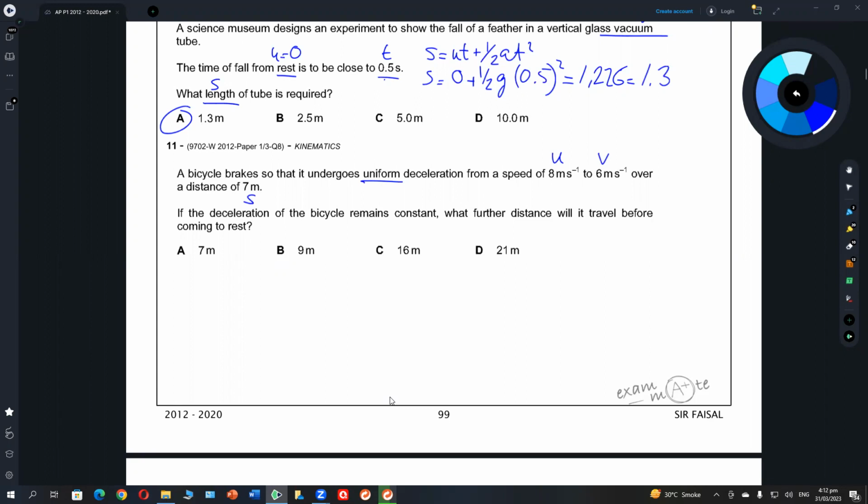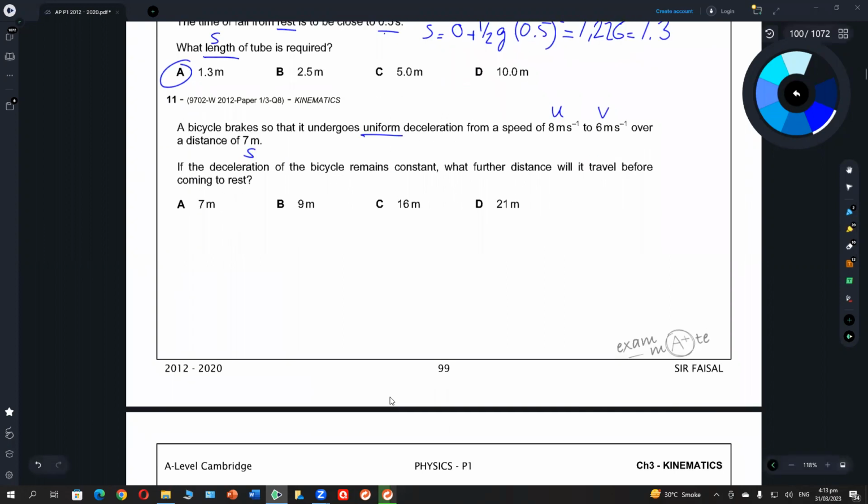This is a bit tricky question. He says that the bicycle brakes so that it undergoes uniform deceleration from a speed of 8 to 6 over a distance of 7. If the deceleration remains constant, what further distance will it travel before coming to rest? Rest means speed is equal to 0.